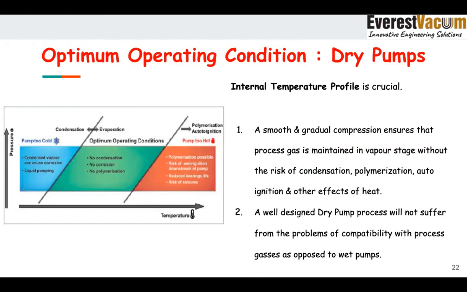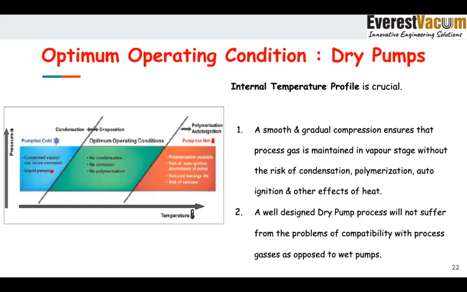wet pumps. Now, if we operate the pump too hot, there is still the problem of polymerization and autoignition. If we run the pump too cold, there is still the problem of condensation and liquid pumping. So it becomes very important for any dry primary pump.